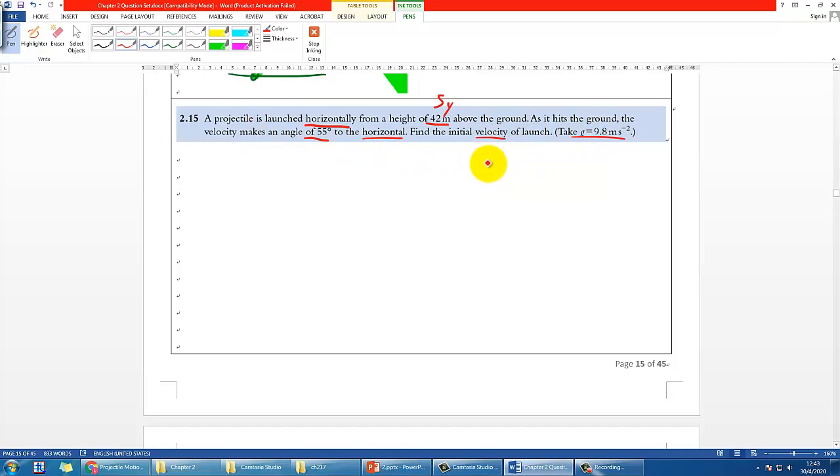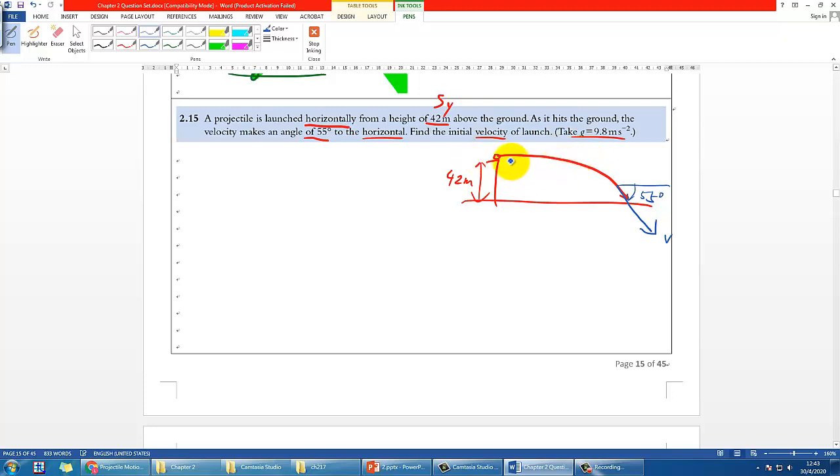You could draw the diagram like this, 42 meters, and then you launch horizontally, so like this. And then it makes an angle of 55 degrees. Say this is the vector V finally, and the angle is 55 degrees.